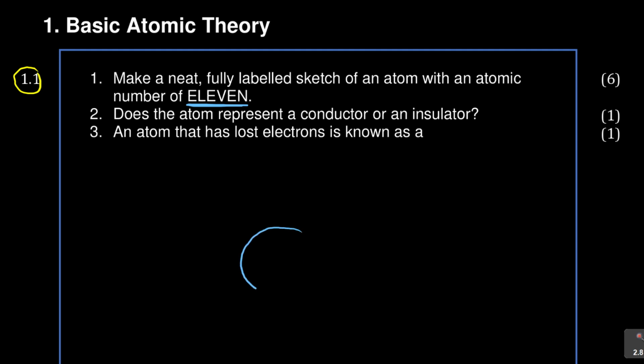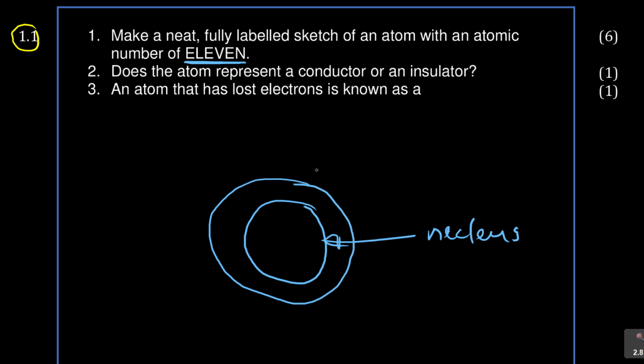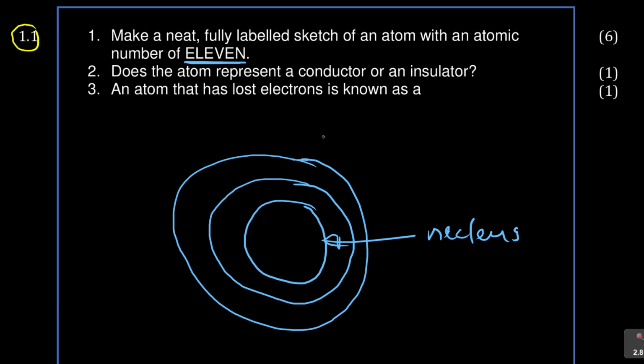You are going to draw a circle here like this, and in the center, we're going to call it the nucleus. All right, and then we're going to open our shells. Now this is the first shell, and then this is the second shell. You can draw better if ever you're using your compass.